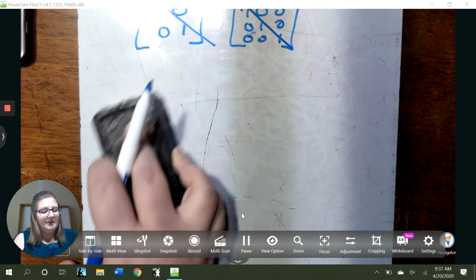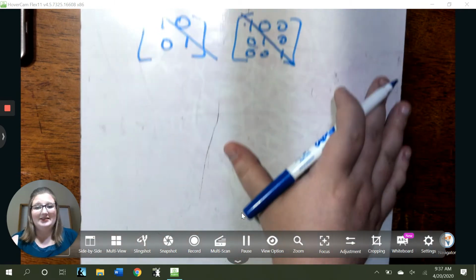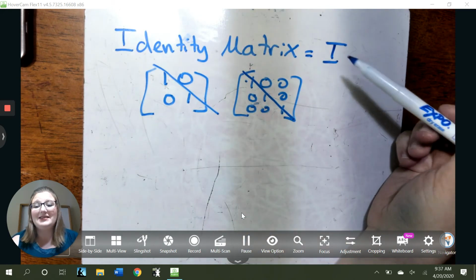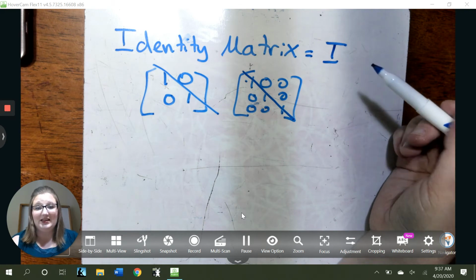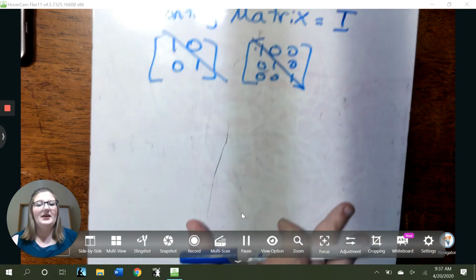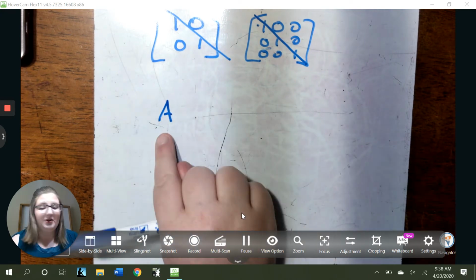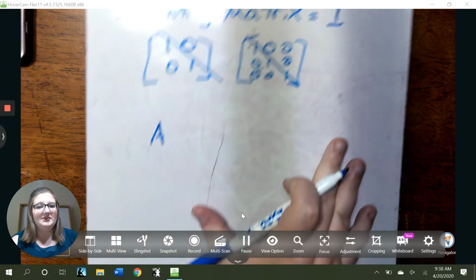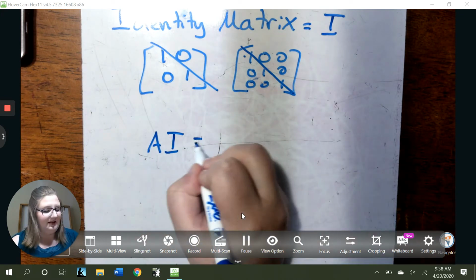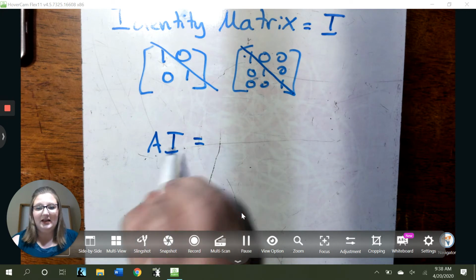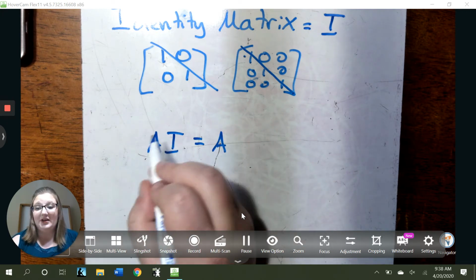When we talk about matrix multiplication, we also have an identity element, our identity matrix, and when we multiply by the identity matrix, it doesn't change anything. If I multiply a matrix, let's just call it A, times our identity matrix I, whatever size it needs to be, I should get A as my answer, the original matrix I started with.